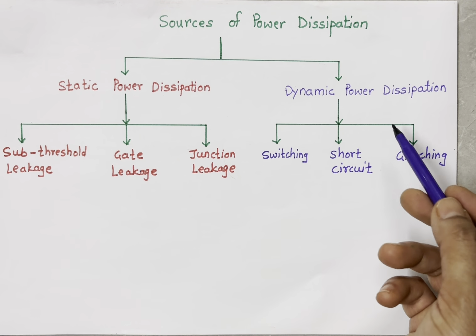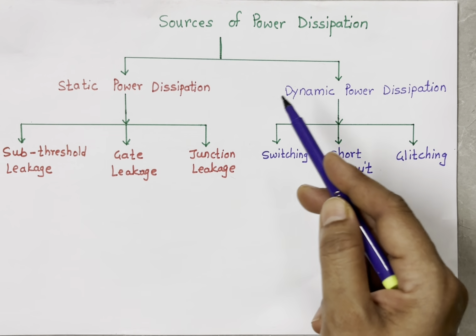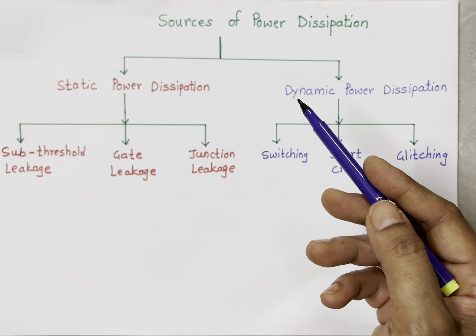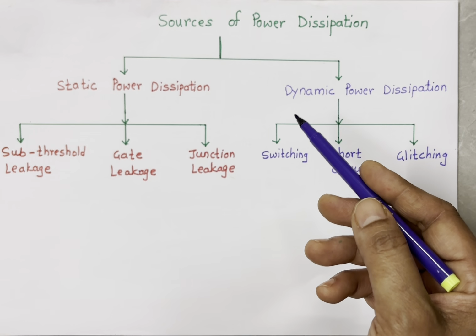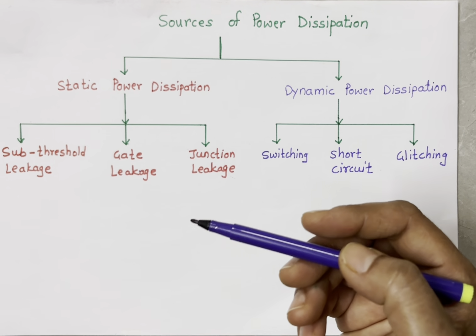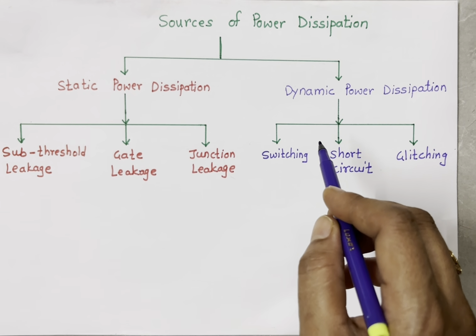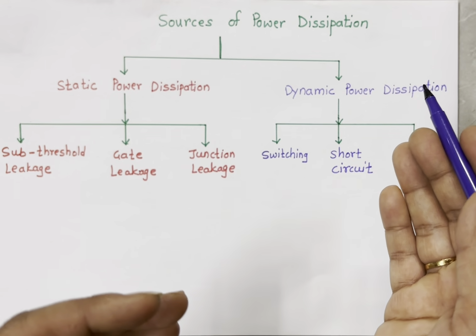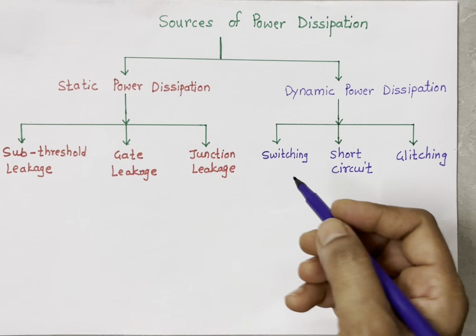Then we can reduce this dynamic power dissipation by reducing switching activity, that is minimizing unnecessary switching. By lowering supply voltage, reducing the supply voltage can decrease the energy required to charge and discharge capacitances.